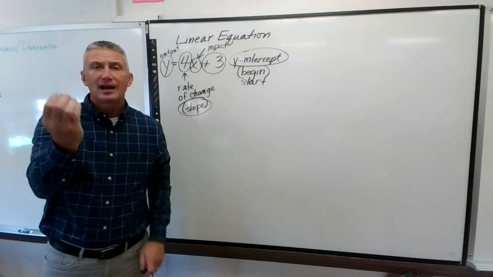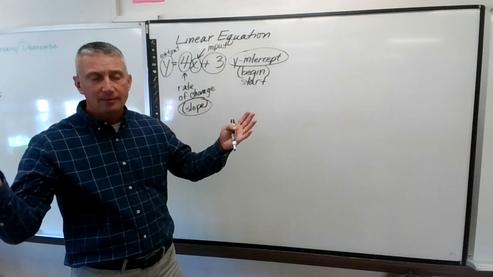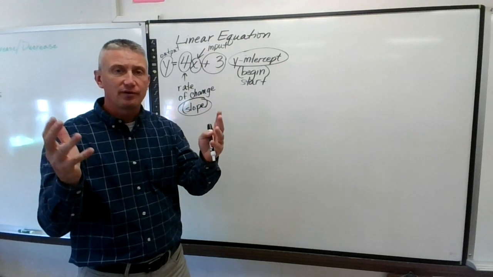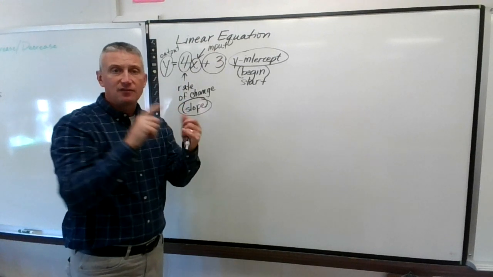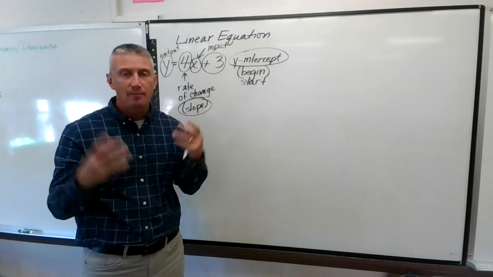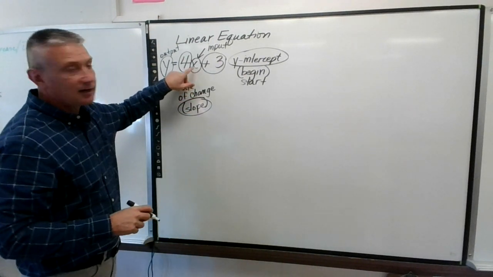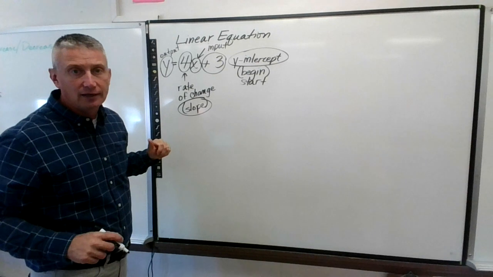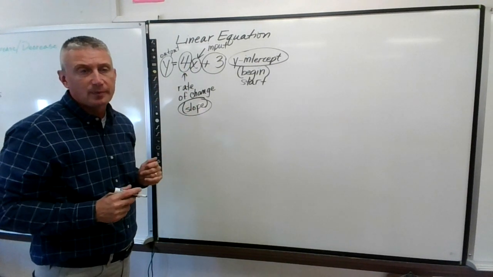Now, in order to recognize a linear equation very quickly, or any type of linear equation, we'll always have one of two things. When you look at the variables, if the variable has an exponent of 1 or 0, that means it's linear. So you can recognize it really fast. This x right here actually has an exponent attached to it. It's just hidden. We know there's one x there, so therefore it's to the first power.